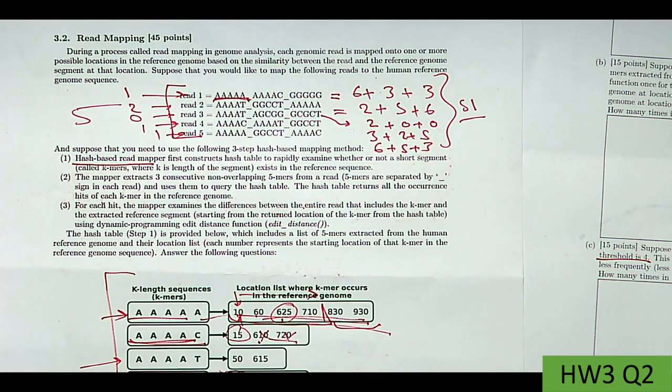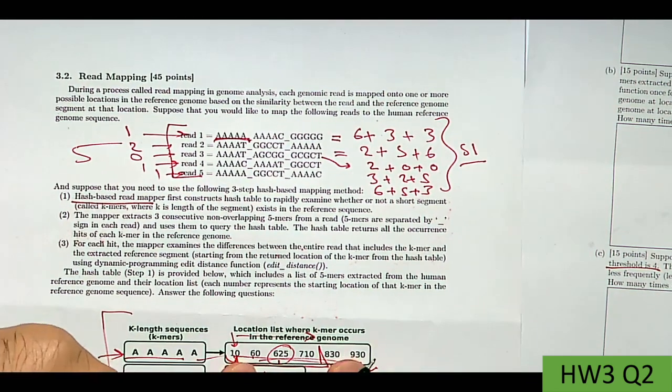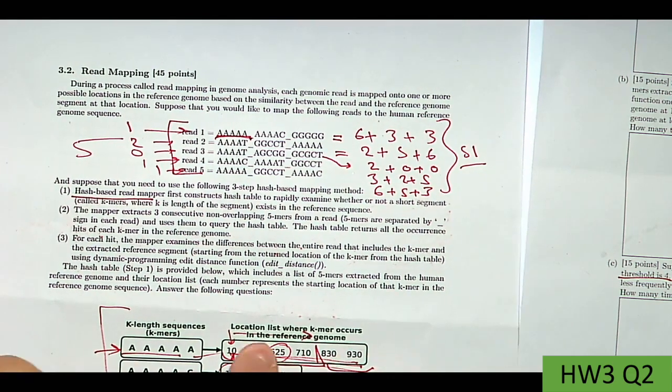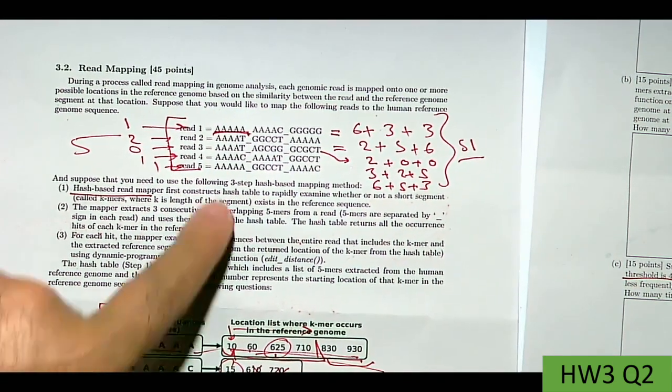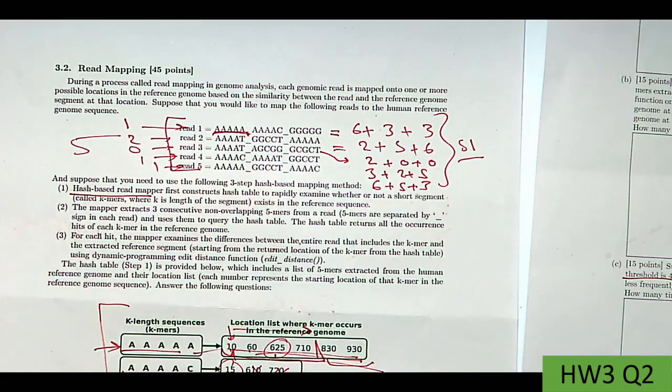You could do the same thing for, for example, the last one. You have 5 A's, 6 locations, the same thing applies here. It's up to you: you want to consider 6 locations, or no locations, or only 4 of them. But you cannot consider 6 because the threshold is 4. The second k-mer is 2 G's, 2 C's, 1 T. You got 5 locations.